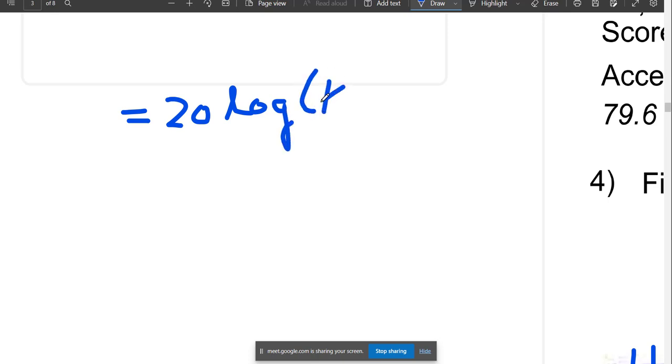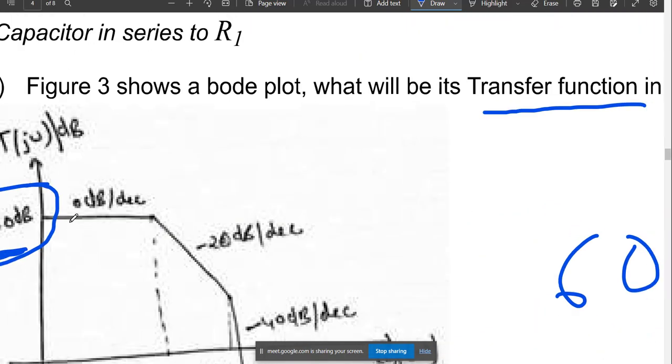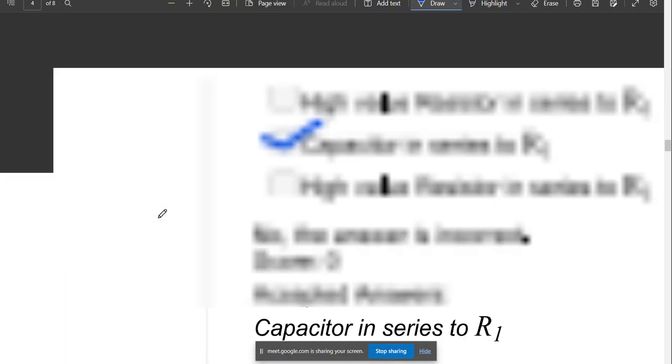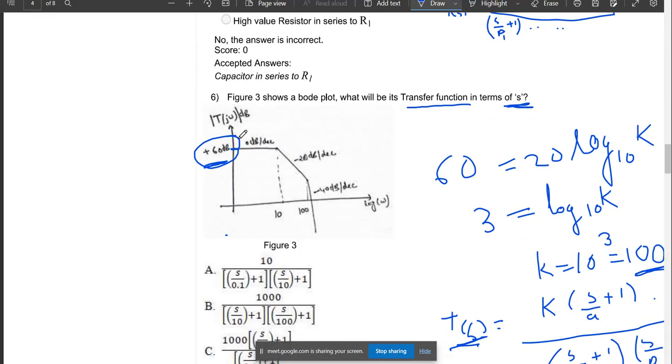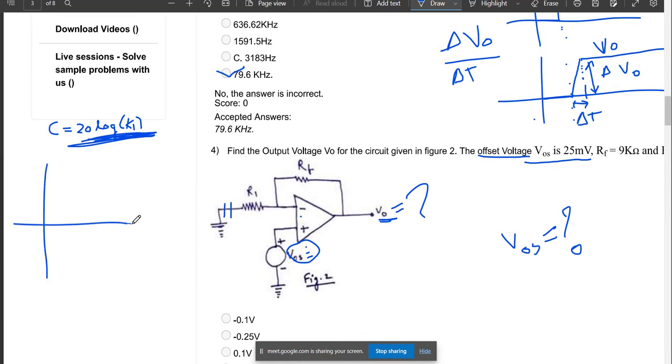Let's say this value is a constant C. This is where the plot will start, from a constant. How do you convert K1 into dB form? The formula is 20 log K1, and this will be the constant of your Bode plot. So this will be C1, right?